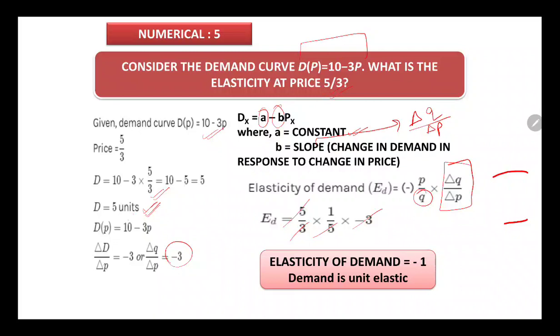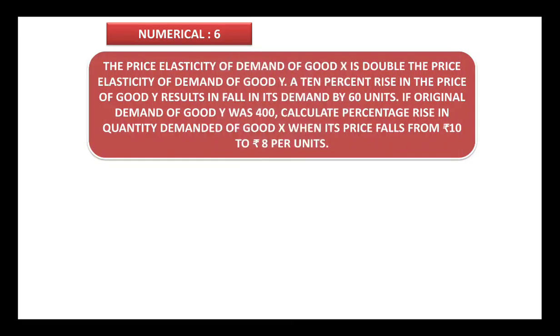So moving to the next numerical now. Okay, now it says that the price elasticity of demand of good X is double. Now these are a few complex questions. Is double the price elasticity of demand of good Y? This is one equation.